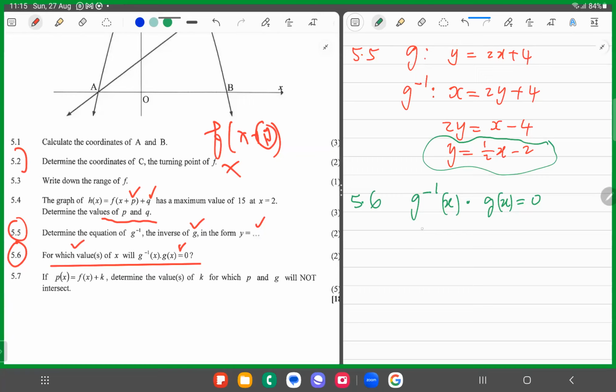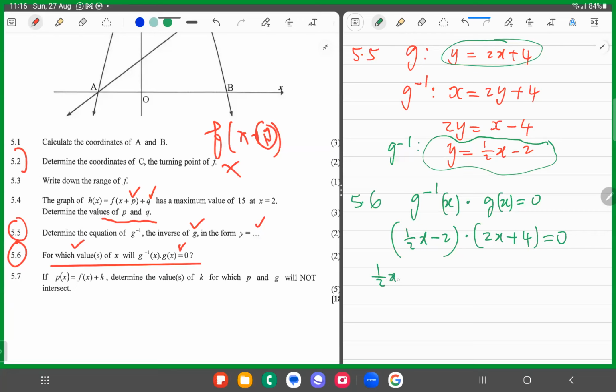So what is the inverse? So the inverse is the red one here. So the inverse has the equation half x minus 2. And what is g? g is 2x plus 4, this one. That is the equation of g. And then if you equate these two to 0, what do these things give us?